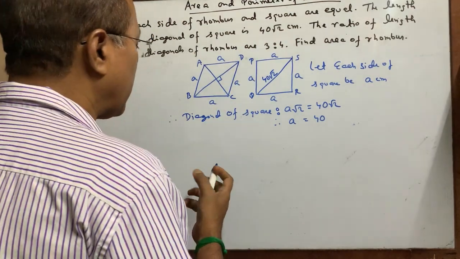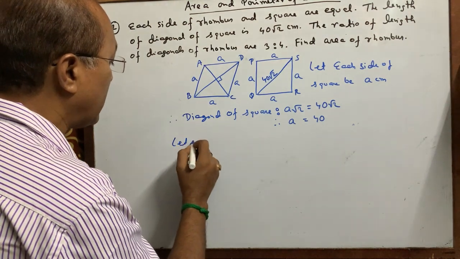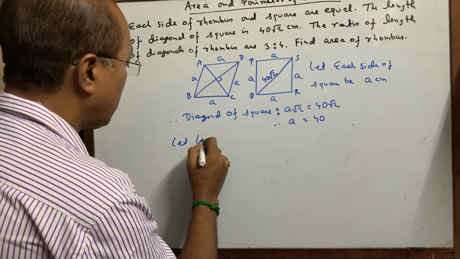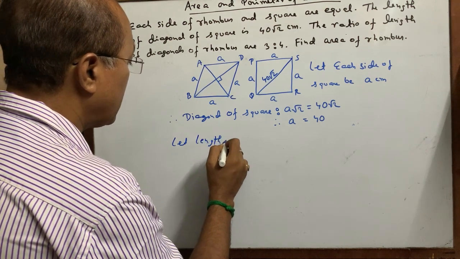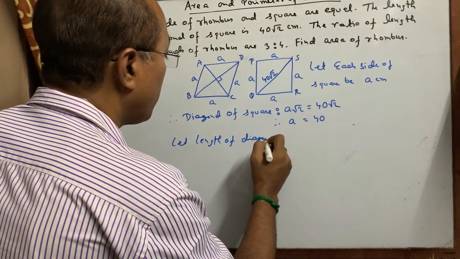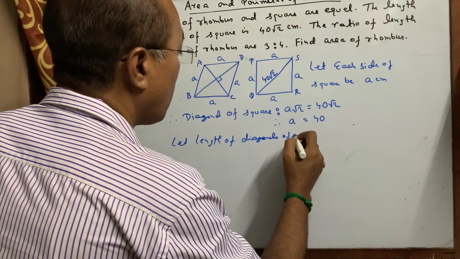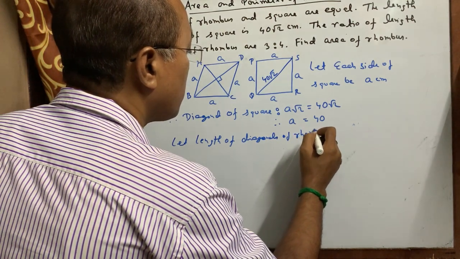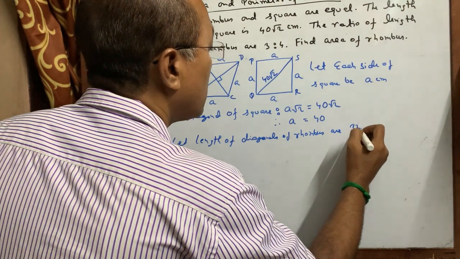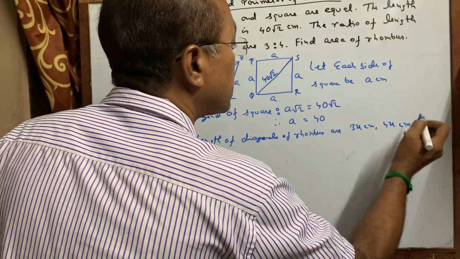Now I am considering the length of diagonals of rhombus are 3x centimeter and 4x centimeter respectively.